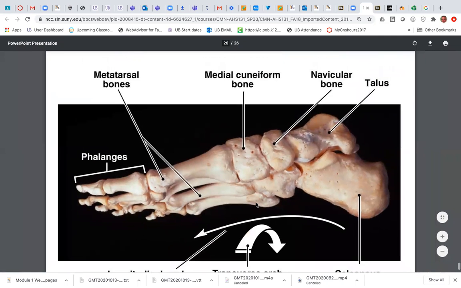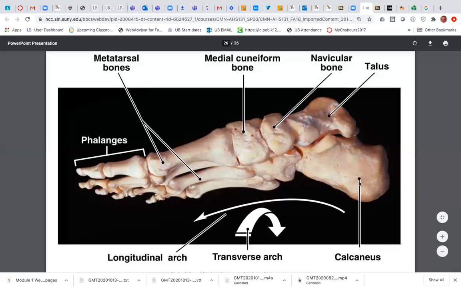From the side view, you can see the talus, you can see the calcaneus. Many people who have high arches, many people who are runners, have high arches. The fascia underneath the foot is very, very tight, and it pulls from the calcaneus to the toes. Think of it as a bow and arrow, right?